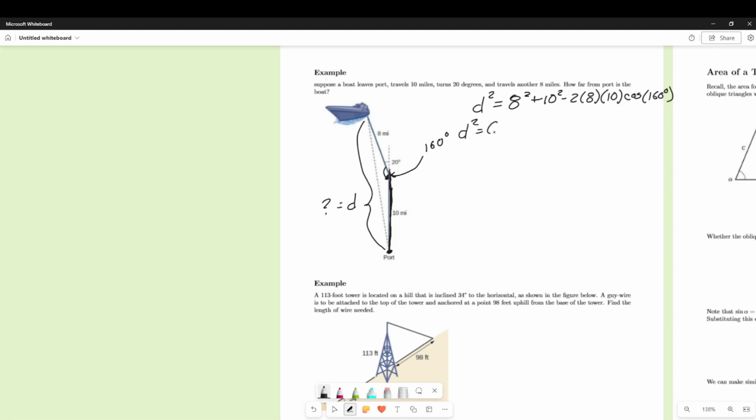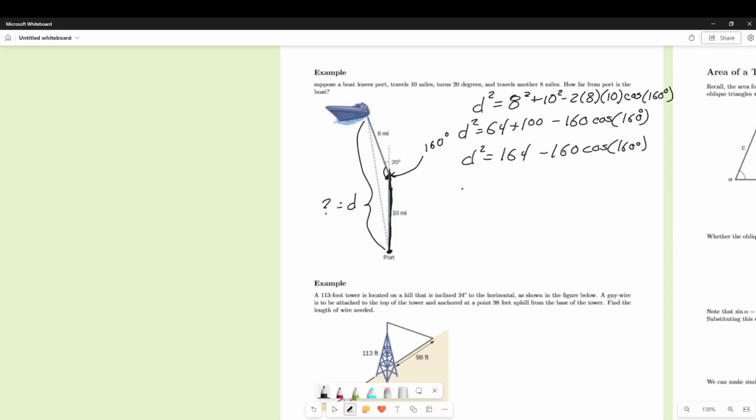D squared equals what? 64 plus 100 minus 160 times the cosine of 160. There's a lot of 160s in one problem. So D squared is 164 minus 160 times the cosine of 160 degrees. Careful, don't subtract those.